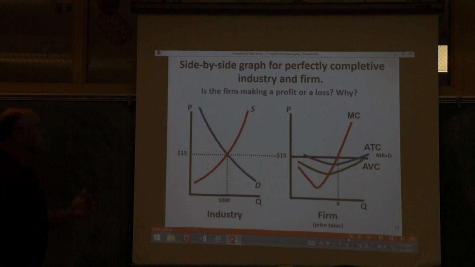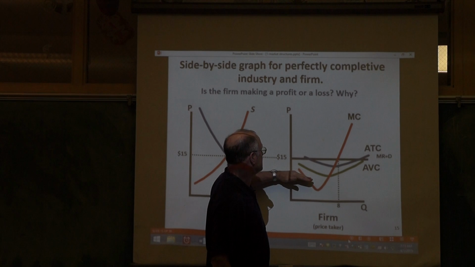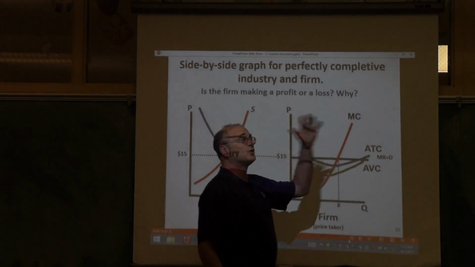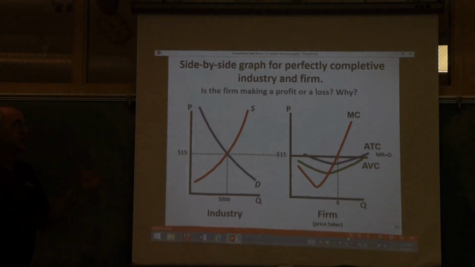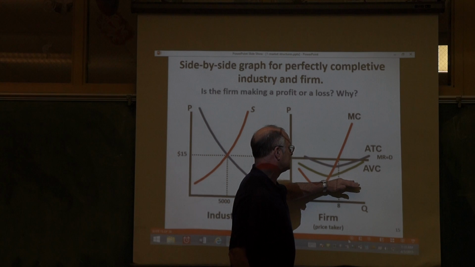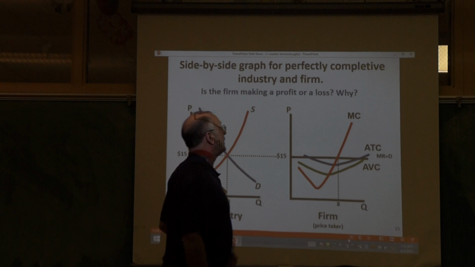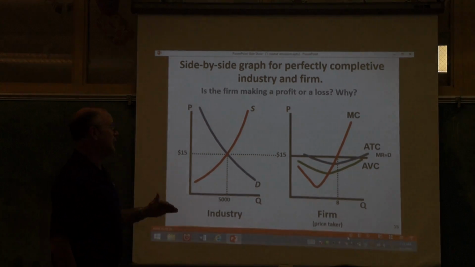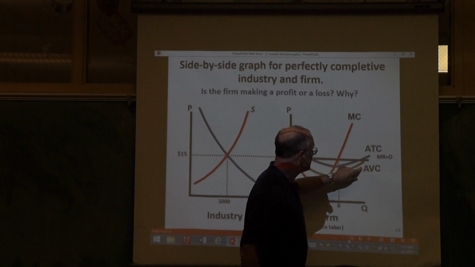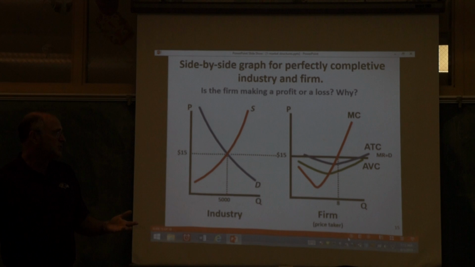Now, the shutdown rule. The shutdown rule is anytime the price is below AVC, we shut down. Why? Because it's cheaper. If you're shutting down and it's below the AVC, you're only paying for your fixed cost, okay? And that's cheaper. Now, if you're losing money in the short run and the price is in between the AVC and the ATC, you continue to stay in business.